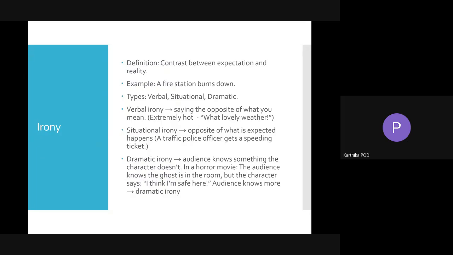Then there is also called dramatic irony, particularly when you're watching something and there is drama involved in it. So let's say you're watching a movie, and the character in the movie is going to drink a glass of water, and you already know that somebody has mixed poison in that glass of water, so you know the person is going to die.